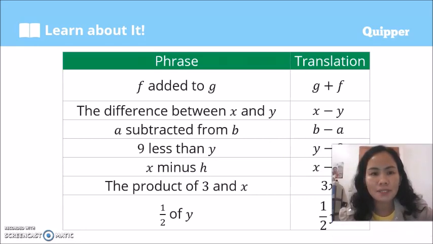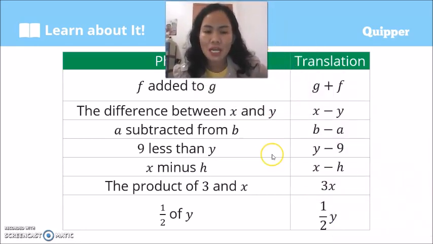Okay? Lipat natin. Dito ako. So, x minus h, so that's x minus h in symbols. And so, we have the product of 3 and x. Sabi ko kanina, product, multiplication. So, ipagtabi lang sila, no? 3x. Ayan. 1 half of y. So, 1 half y. So, 1 half times y. Or pwede din itong division, no? Y over 2. Y over 2, that's also 1 half of y.